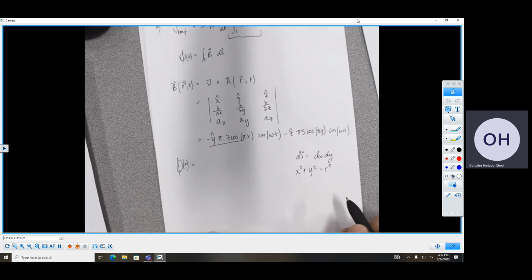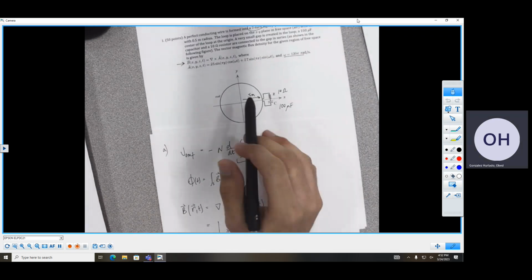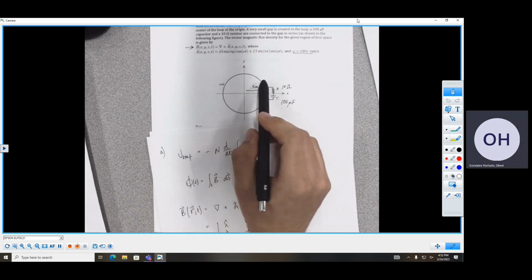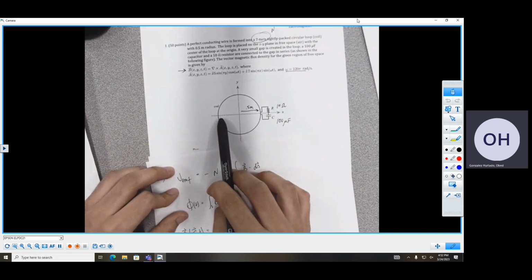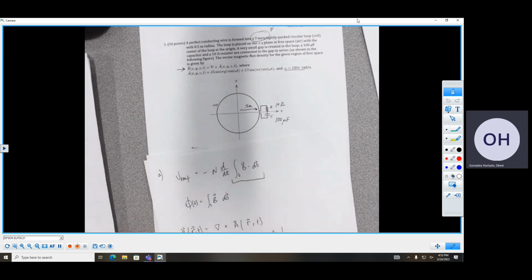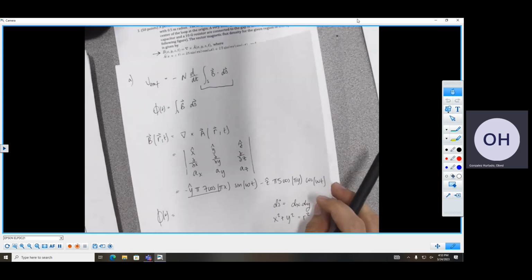Another form you can do, which is the easy way, depends on the shape. dr d theta covers the entire circle. dx dy would be better for a square, because it's just constants for a square. But this one changes, so it's gonna be easier if you use dr d theta.